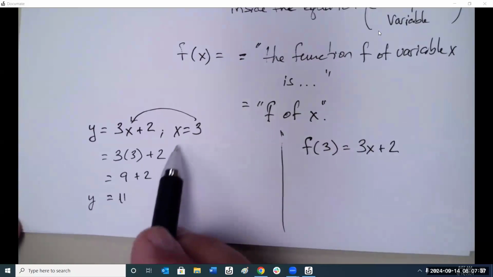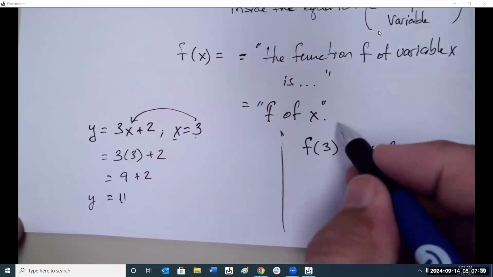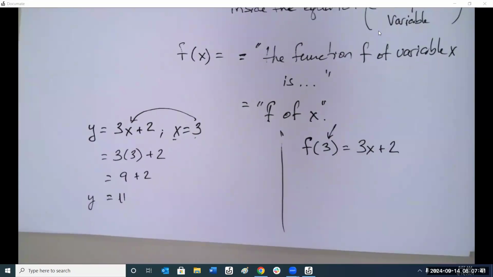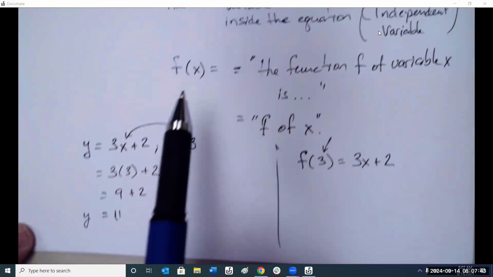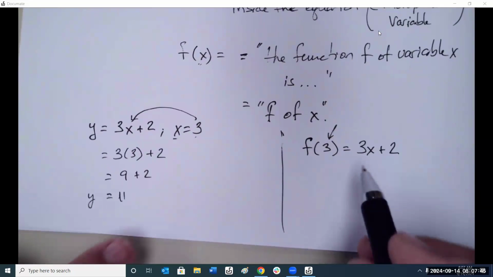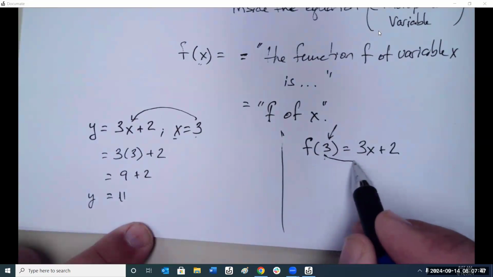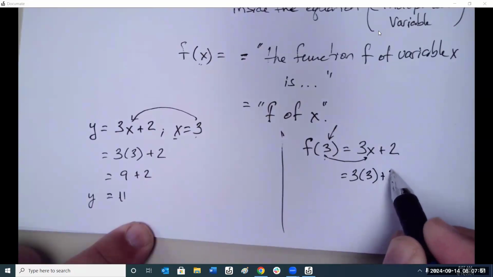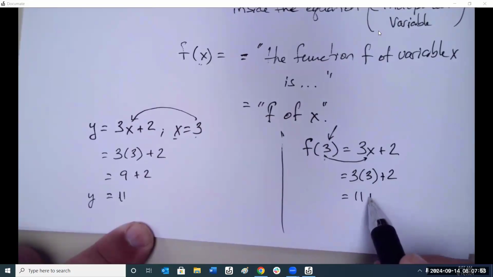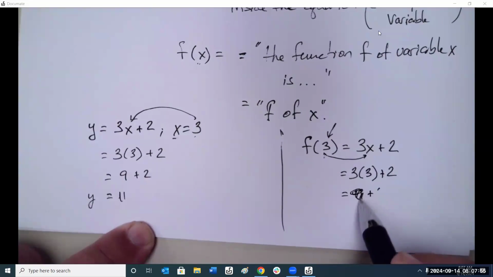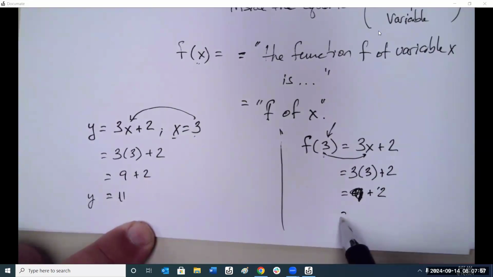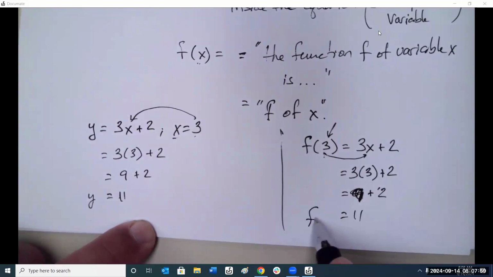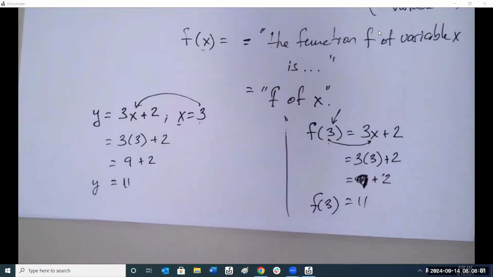I don't have to define what x is because I defined what x is right there. Anything inside the parenthesis is my x. So this tells me anywhere I see an x, put a 3. It's going to give you the same answer, but it makes it a little bit easier for us.